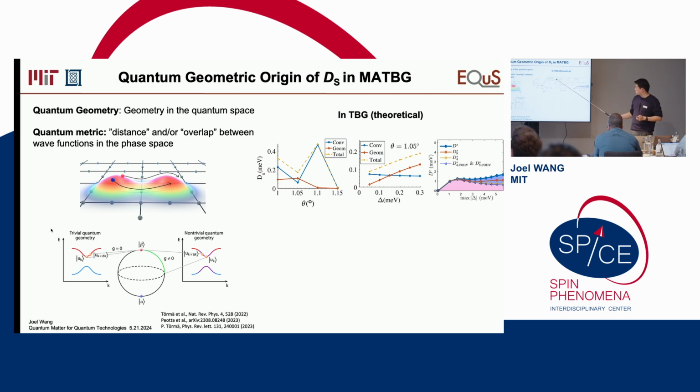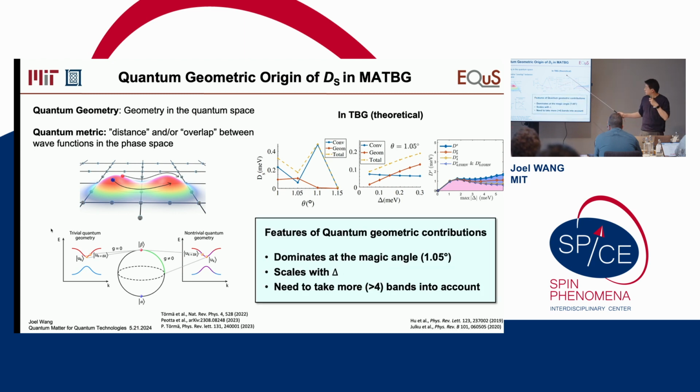And to precisely describe the system, one needs to take more than 4 bands into account. Here are some features of the quantum geometric contribution. One is that it dominates at the magic angle for MATBG, and because it is interaction driven, the superfluid stiffness scales with the superconducting gap.